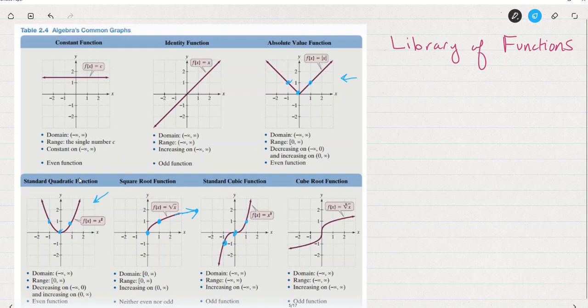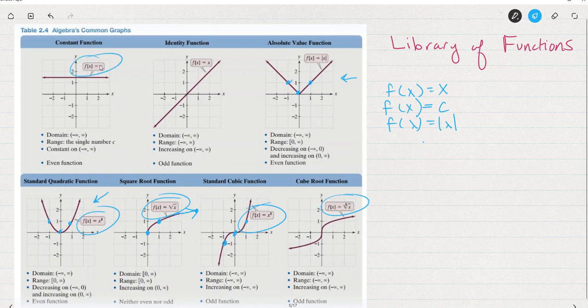If you had a blank piece of paper and you were just given the functions, so here's f of x equals x, f of x equals c, f of x equals the absolute value of x, and so on, for all 7 of these functions, you should, from a blank paper, be able to graph all 7, I'm going to say in 3 minutes or less, with 3 specific points on each graph.